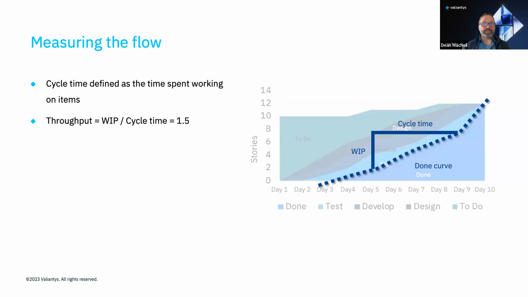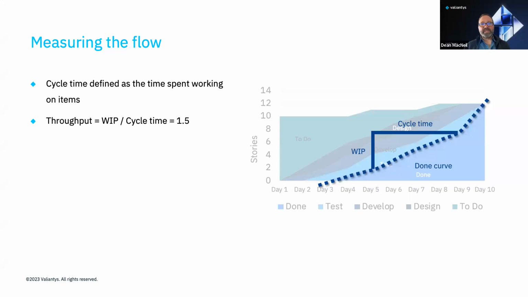So it's important for your organization to define them for your context and reach a common understanding so that everyone speaks the same language. Work in progress is measured from to do to done along the y-axis.